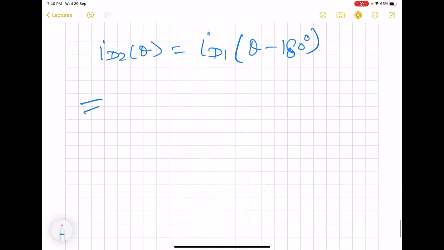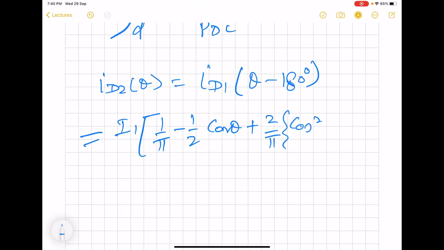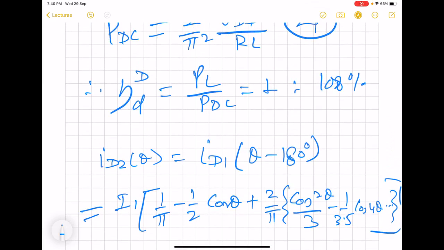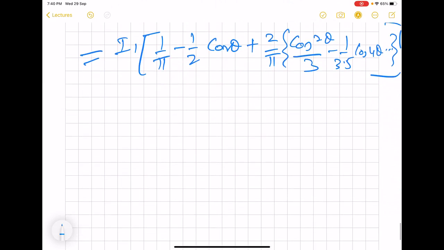So the expression now is going to be as shown here. Now let us draw each of these components for the circuit and see what happens.